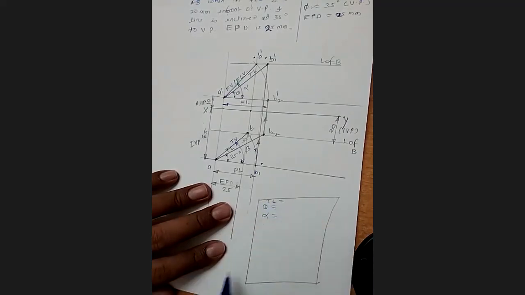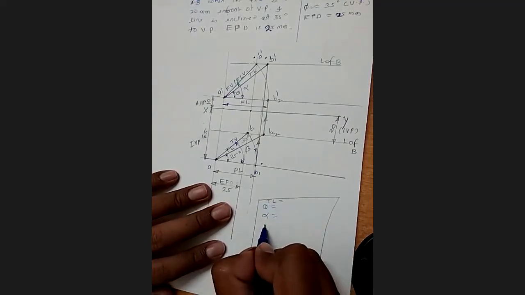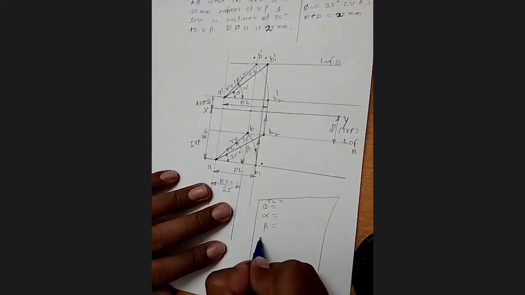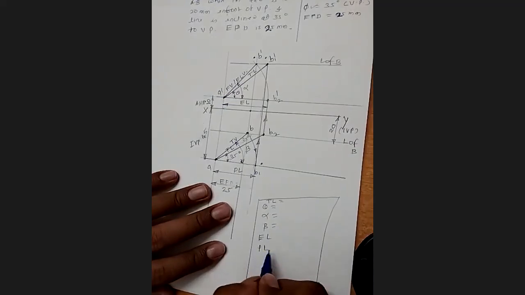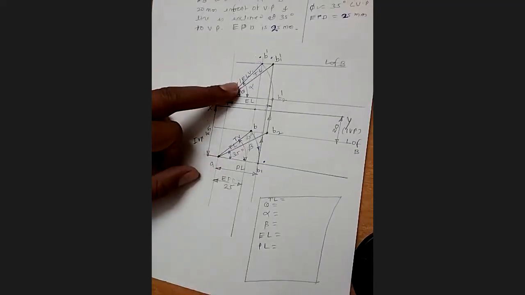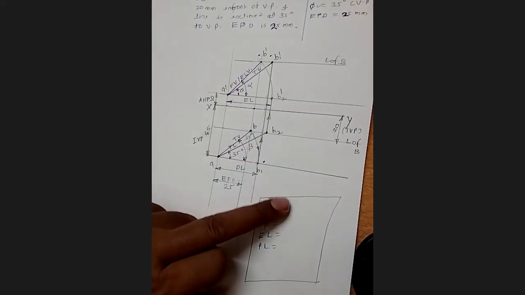So TL, alpha, beta, theta, beta, then EL, then PL. Okay, so you just take a measurement of these angles and these distances and write those values completely here.